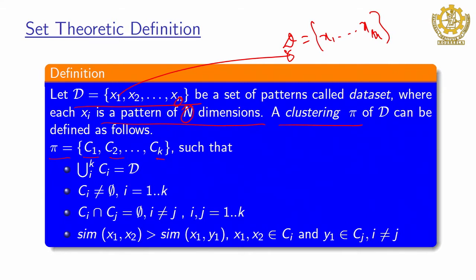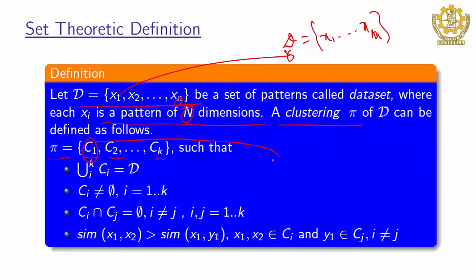Earlier we studied what a cluster is. A group of objects is called a cluster, that is the definition we studied. So, each C i is a cluster, a group of objects. Then we will get a number of clusters k. How to define the value of k, we will know later.